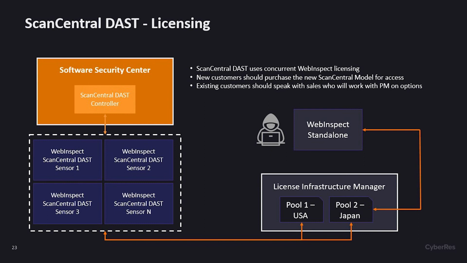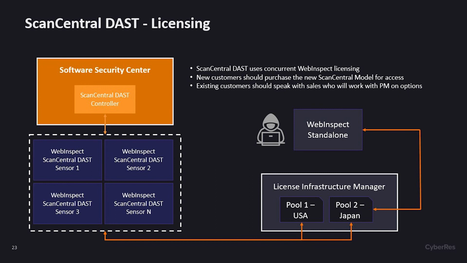That means if you want to use WebInspect, as this slide is showing, if you're a pen tester type of person and you're wanting to use WebInspect, you can really dig into the details of a scan. If you're the type of person that needs to do that, well, you have a license that gives you the ability to do that. If you have a ScanCentral Dast license model, they're all the same.